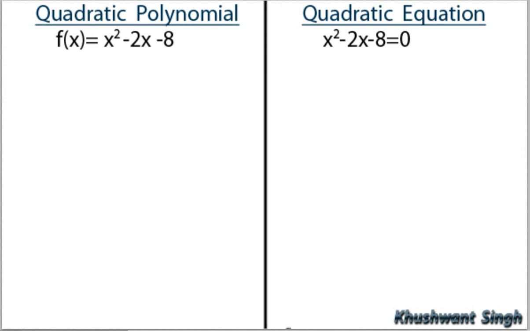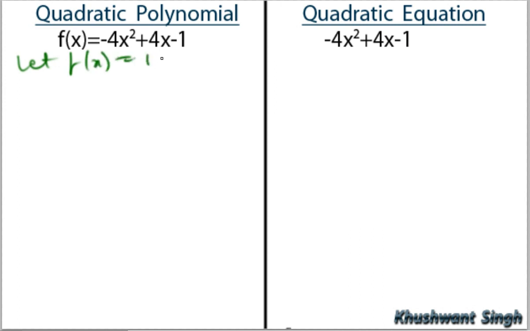Now moving further, next equation. So here the first thing is, let f(x) is equal to 0 to find zero. The same process: minus 4x square plus 4x minus 1 is equal to 0.